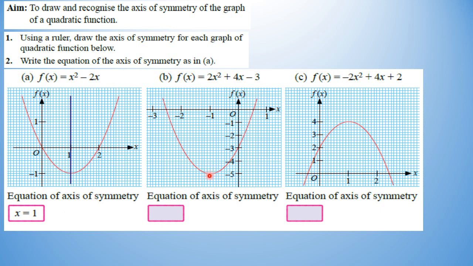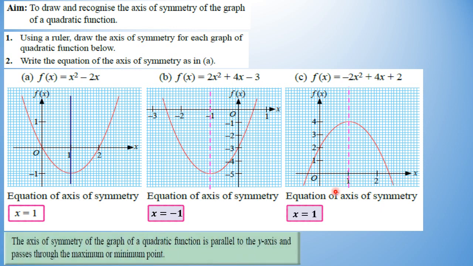For the second example, the minimum point is here, so you draw a line of axis of symmetry. It passes through -1, so the equation of the axis of symmetry is x equal to -1. And this one is the maximum point. Draw a line of symmetry passing through the maximum point, and the equation of the axis of symmetry is x equal to 1.